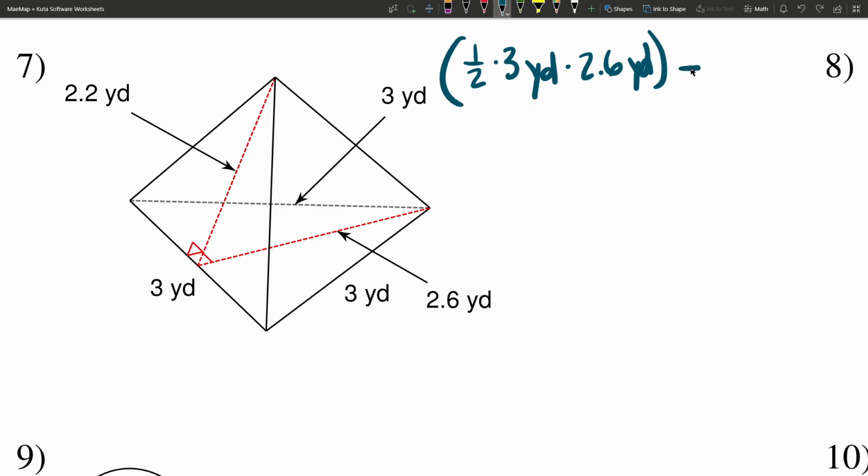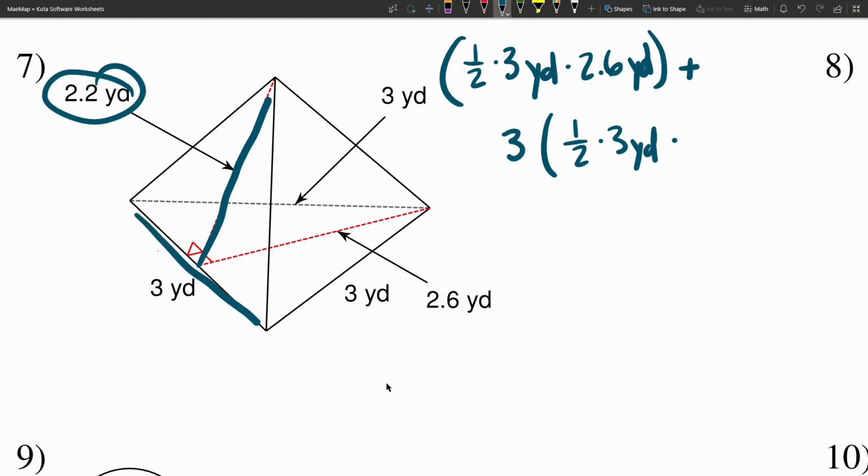However, we're going to add that to, there's 1, 2, 3 other triangles that are also the same exact area. So calculating the area of those triangles, just one of them, would be 1/2 times the base, which is, again, 3 yards, times the height, which our height is 2.2 yards.